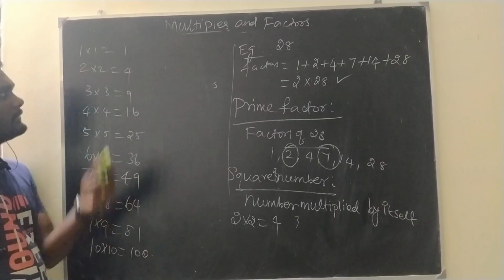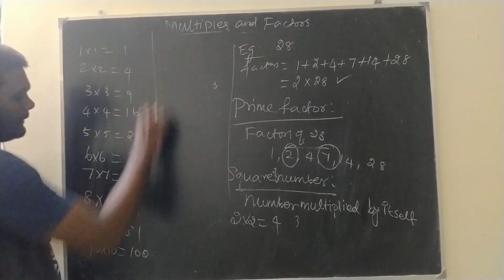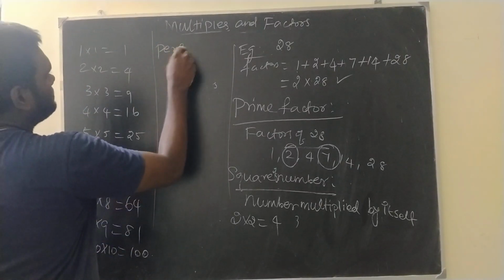See, square of a number means the number multiplied by itself two times. And we have another type of number, perfect square.